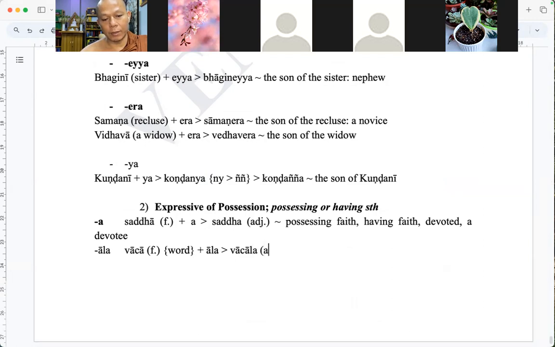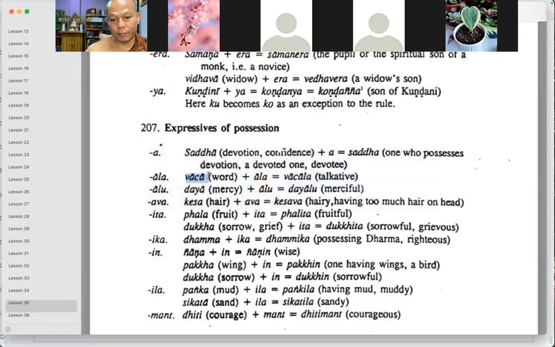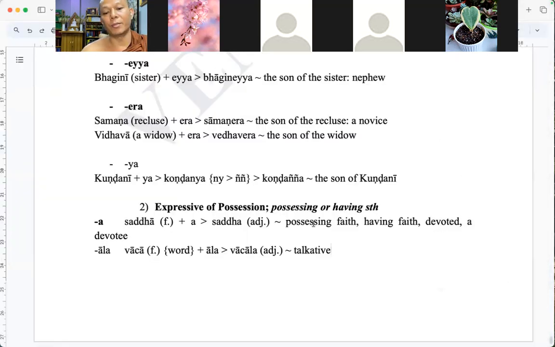So at that time, it becomes the adjective. Means literally possessing words or having words, but later talkative. Yeah, talkative later. But originally, maybe possessing words, having speech a lot or something, talkative. And that is the ala suffix.